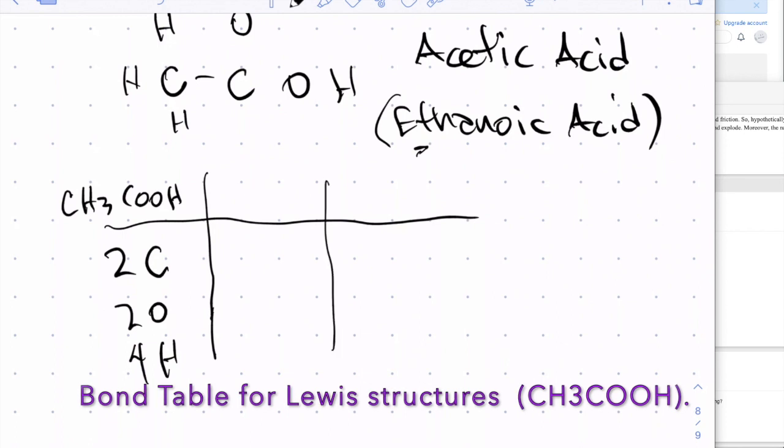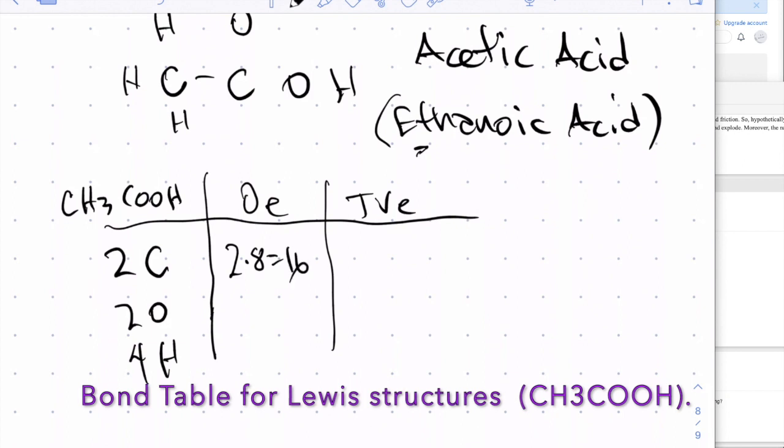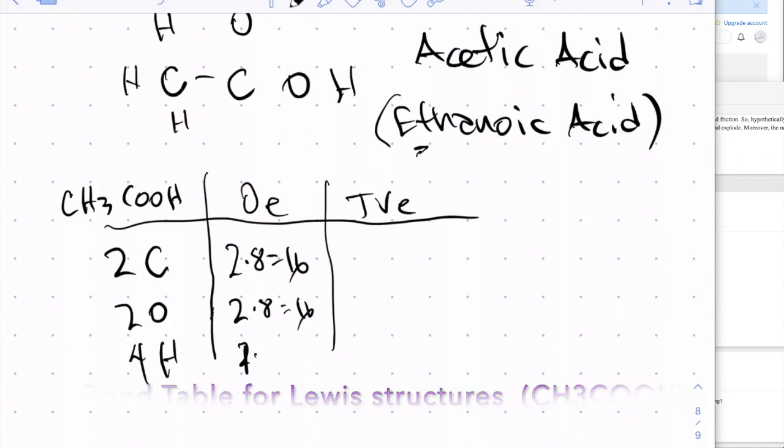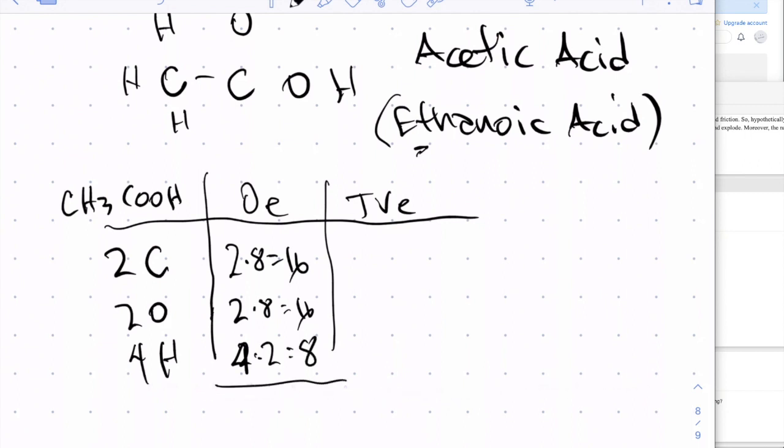So we'll do the octet electrons and the total valence electrons. Hopefully you guys already know this. It can only be 8 and 2. So 2 times 8 is 16. 2 times 8 is 16. Hydrogen can only be 2. 4 times 2, sorry, let me redo that. That's 4 times 2 is 8. So in reality, what we have is 16 and 16 is 32 plus 8 is 40 electrons.